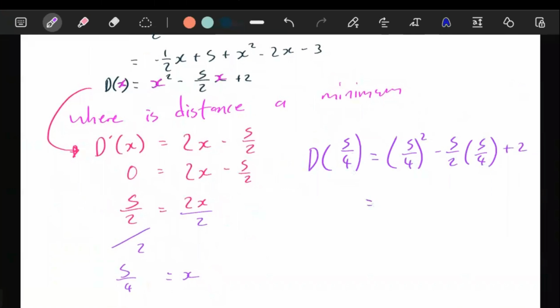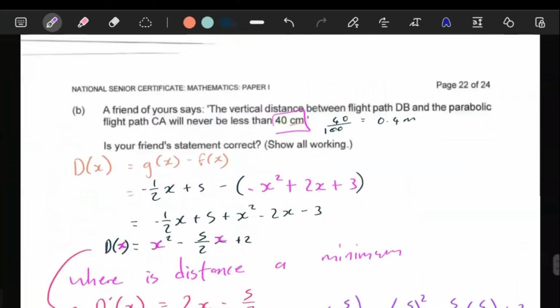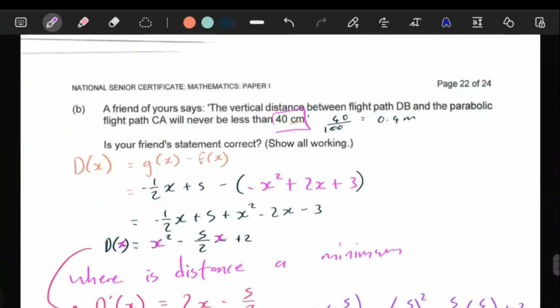Let's put all that into the calculator. 5 over 4 squared minus the 5 over 2, the whole thing with 5 over 4 plus 2. We're getting 0 point something. We're getting 0.43.